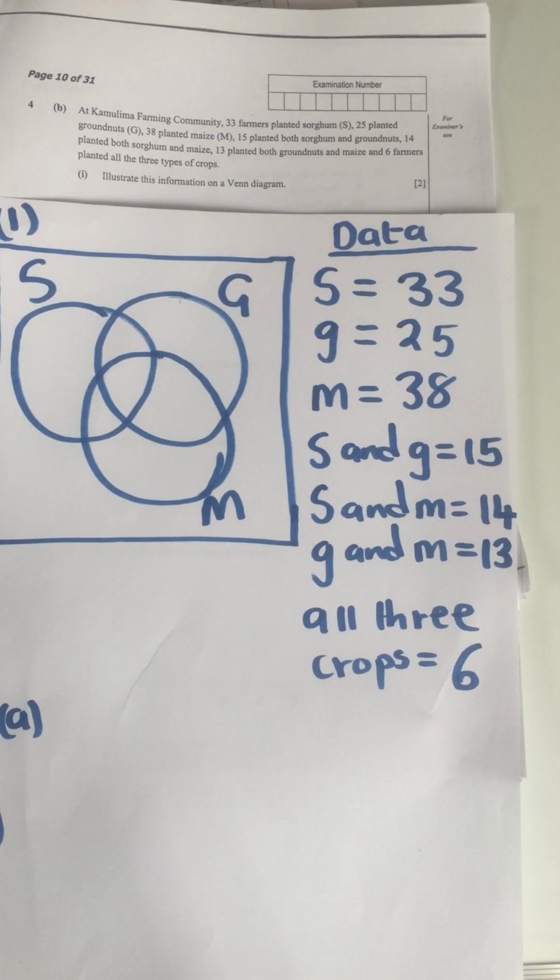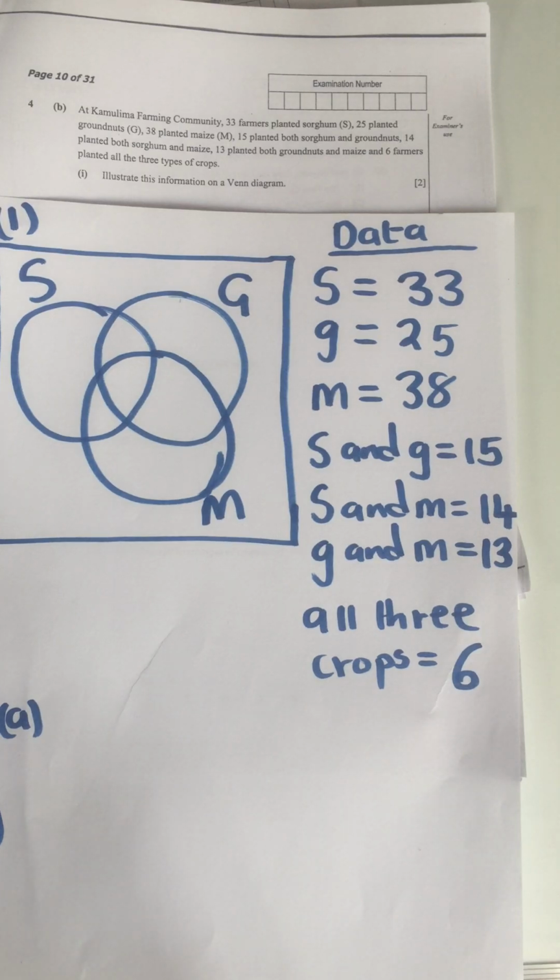So the first question reads as, at Kamulima Farming Community, 33 farmers planted sorghum, which is S, 25 planted groundnuts, which is G, 38 planted maize, which is M, 15 planted both sorghum and groundnuts, 14 planted both sorghum and maize, 13 planted both groundnuts and maize, and 6 farmers planted all the 3 types of crops.